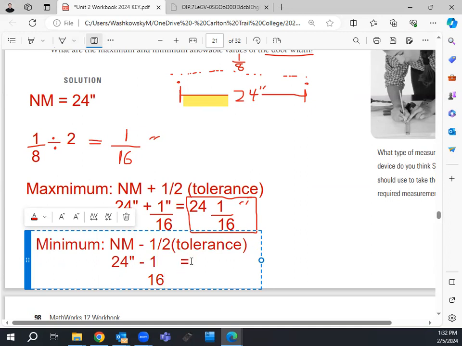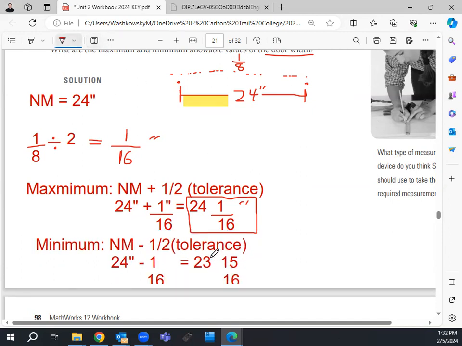So 24 inches minus 1/16 is going to be 23 and 15/16 of an inch. And again, your calculator could do that heavy lifting for you. You can just plug this in your calculator. If you're not sure, it'll give that to you.